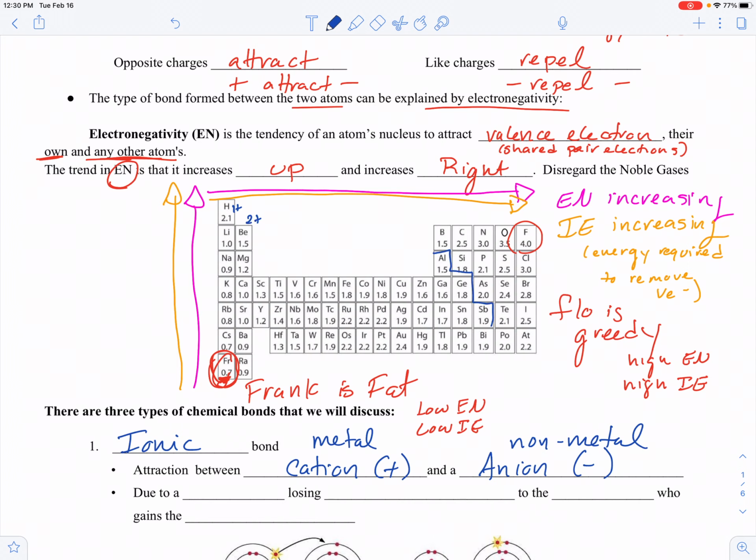Aluminum down, because there's a staircase right here, aluminum down is a 3+. These in the transitional metal area, this dip right here, they don't follow a trend, but they do all form cations of some sort. These elements over here also form cations. So all of our metals form cations.